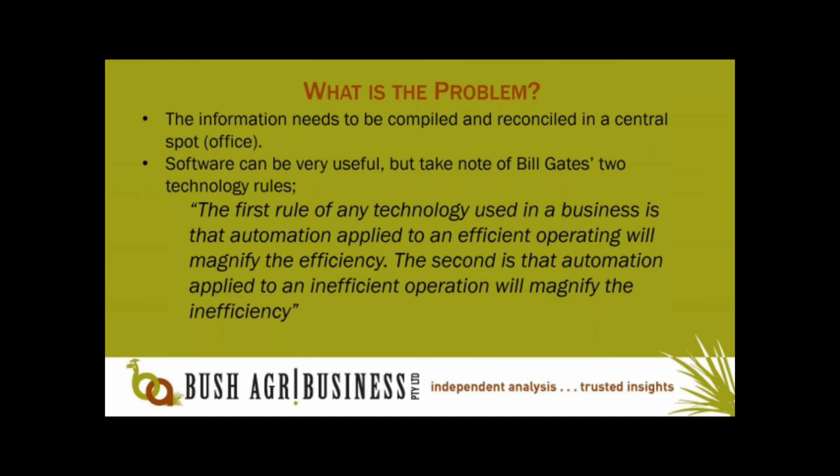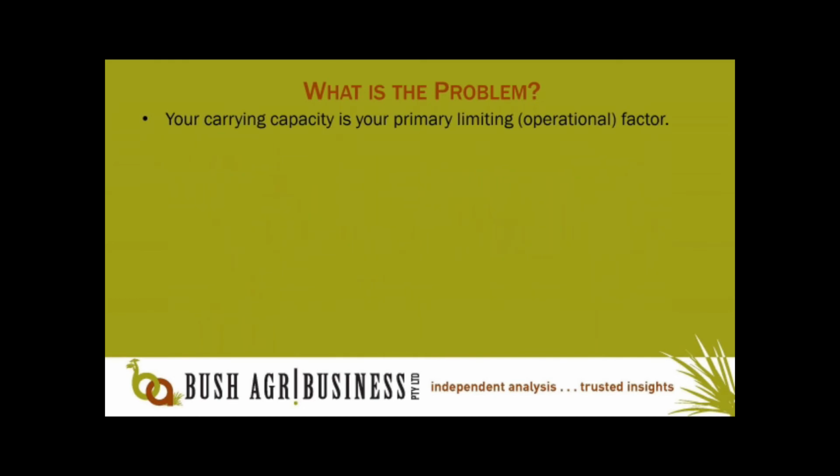So we touched on this a bit already, but your carrying capacity is your primary limiting operational factor. What grass you've got for the year, how many DSE or AE you can run is your primary limiting factor. So having good livestock numbers to be able to stick within that is quite important. And for extensive or rangeland operations, optimising your per animal performance will optimise your business performance.